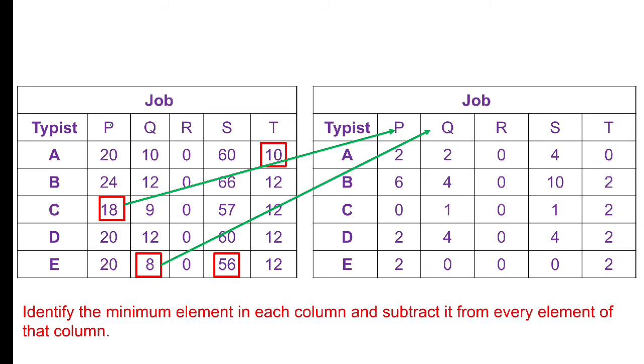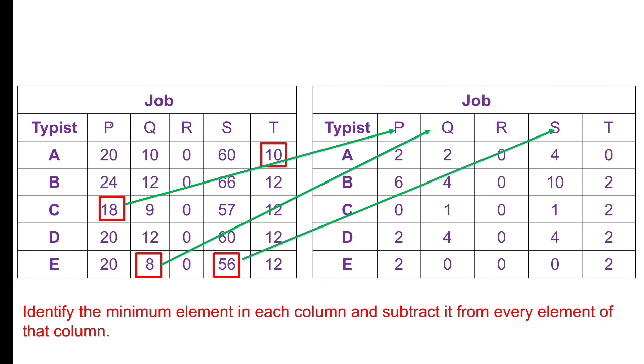Then in the fourth column, 56 is the minimum, subtracting from all other elements: 60 minus 56 is 4, 66 minus 56 is 10, 57 minus 56 is 1, 60 minus 56 is 4, 56 minus 56 is 0.